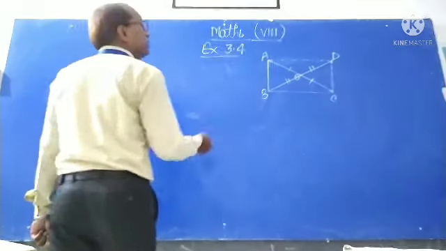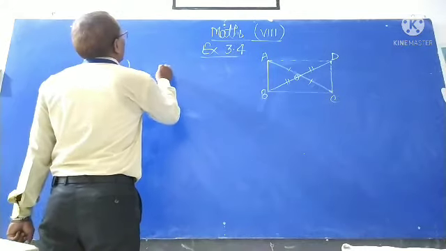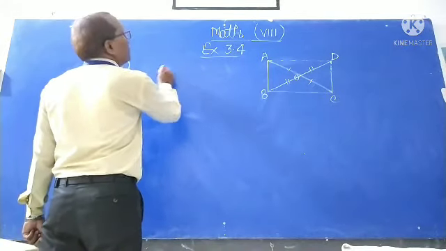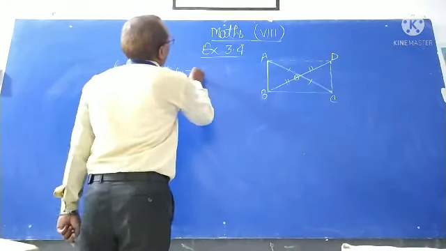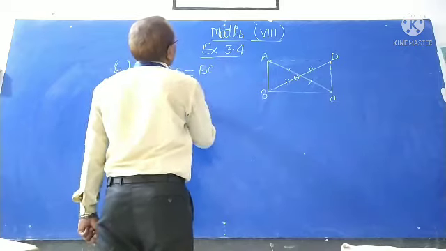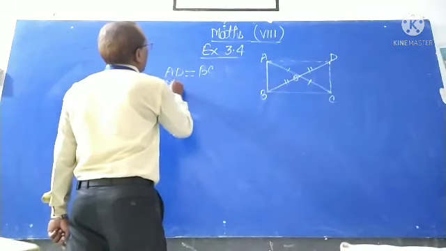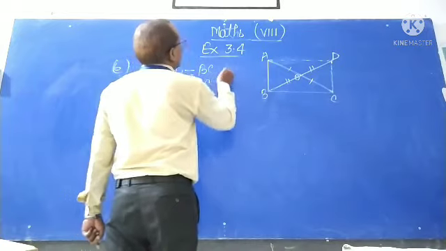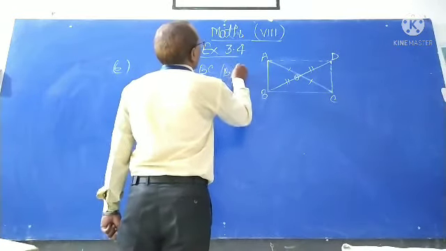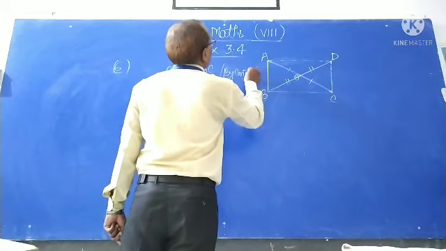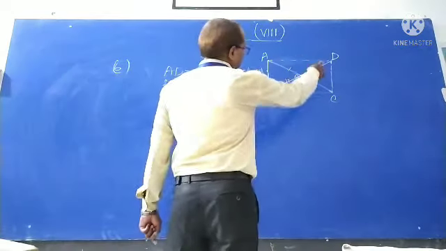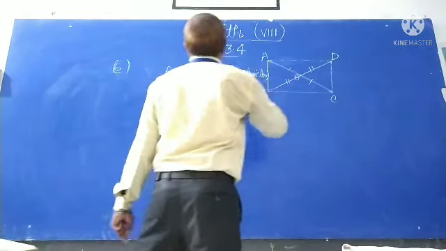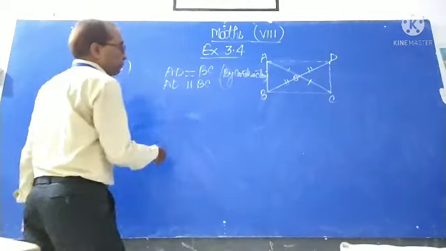You write here: AD is equal to BC, and AD is parallel to BC by construction.